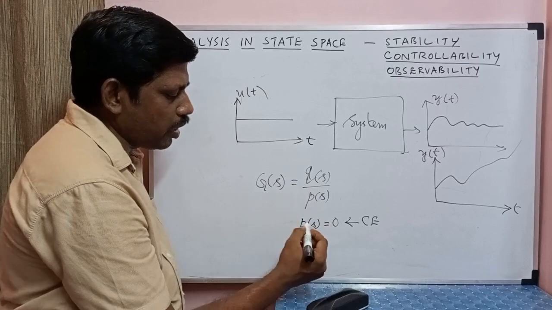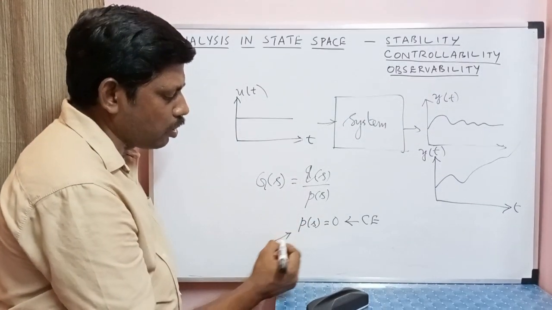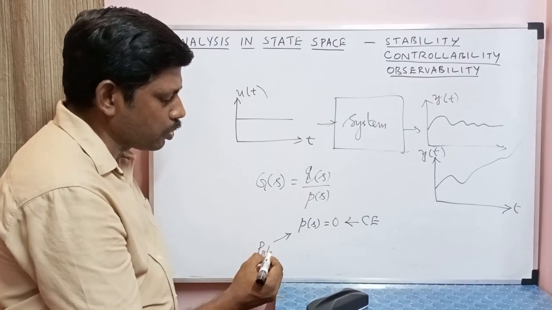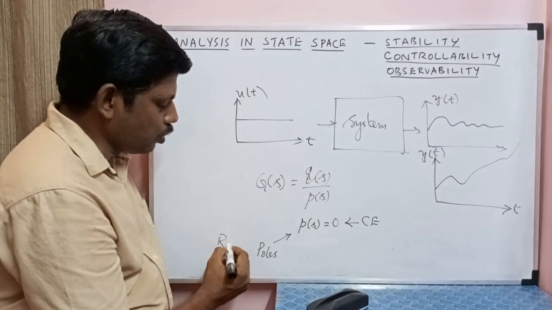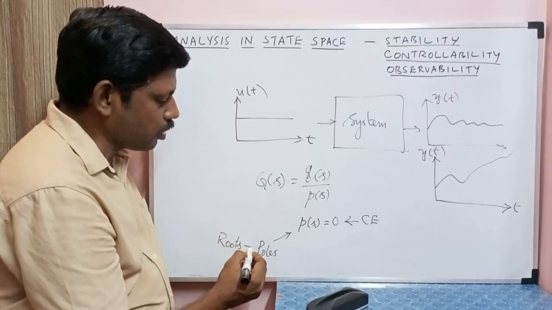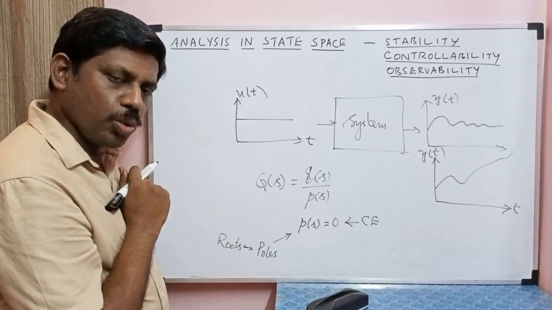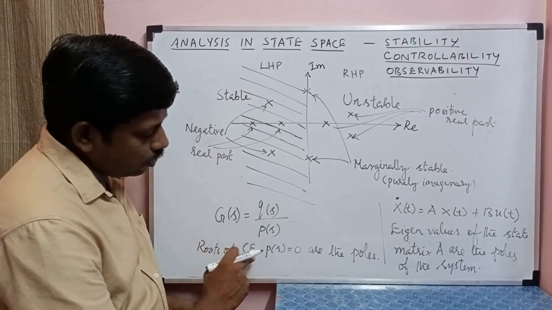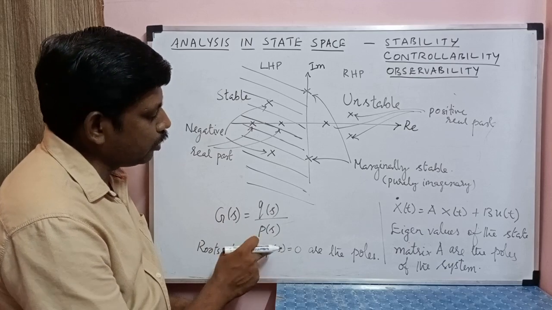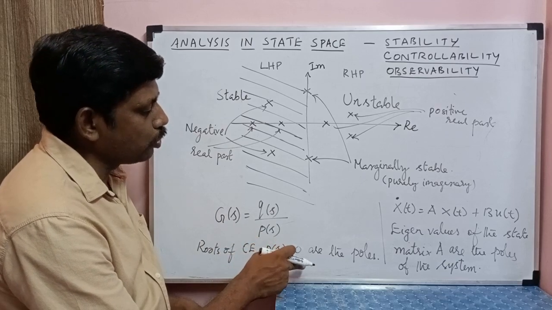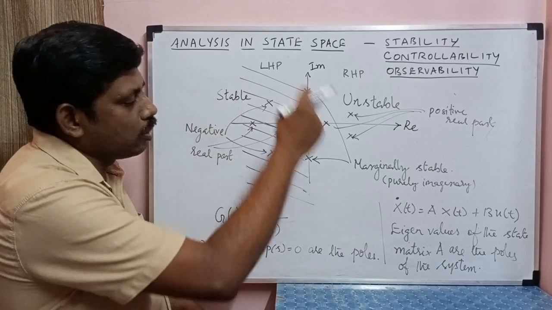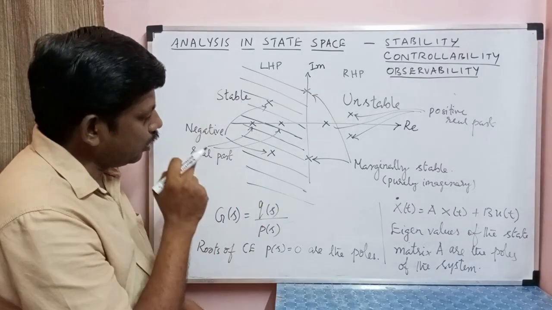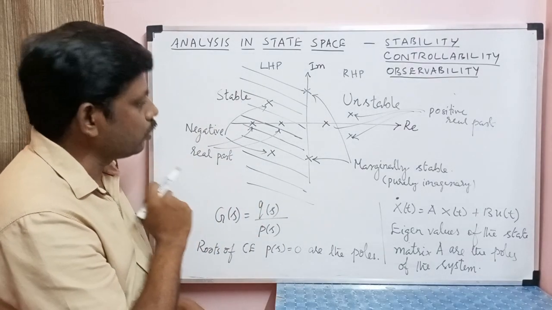The roots of this characteristic equation are called the poles of the system. If we plot the roots of the characteristic polynomial P(s) equal to 0 on the complex plane, these roots are what we call the poles.